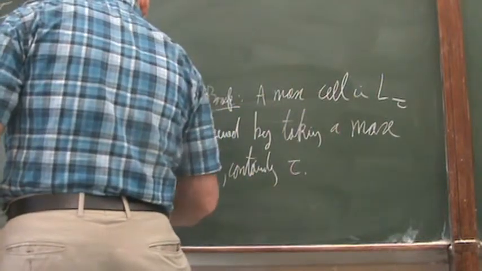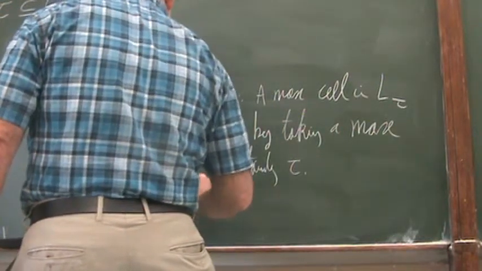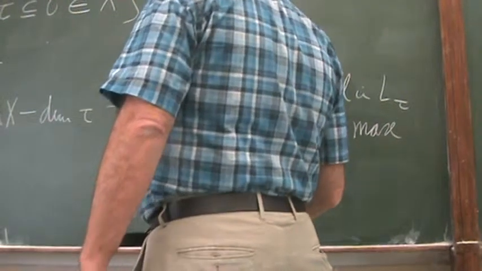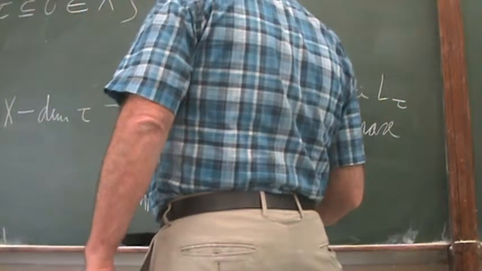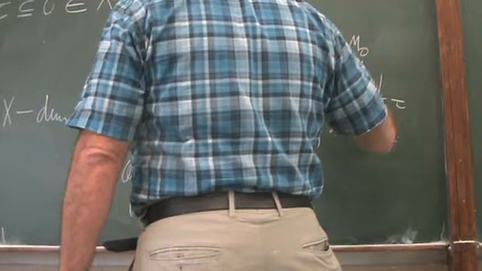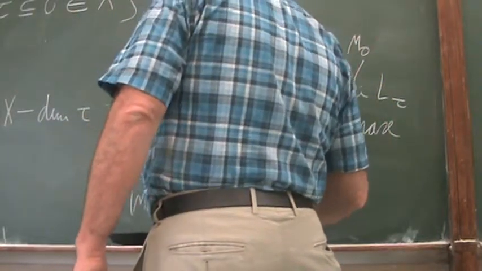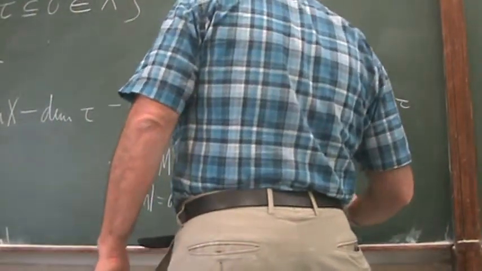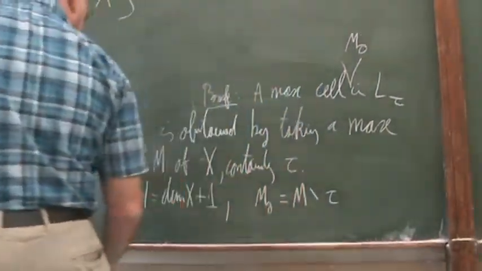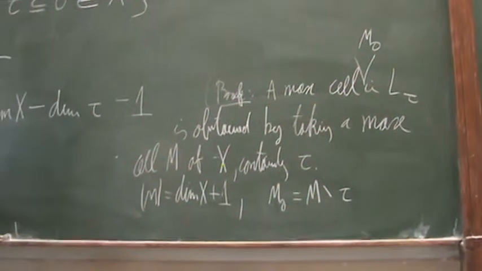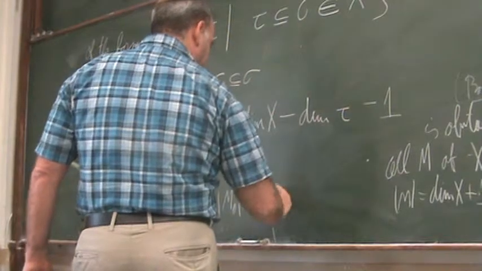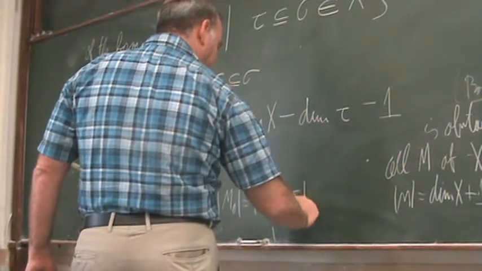Now the size of M is equal to the dimension of X plus 1. And then we take a maximal cell, we'll call it maybe M0. And M0 is equal to M minus tau, right?